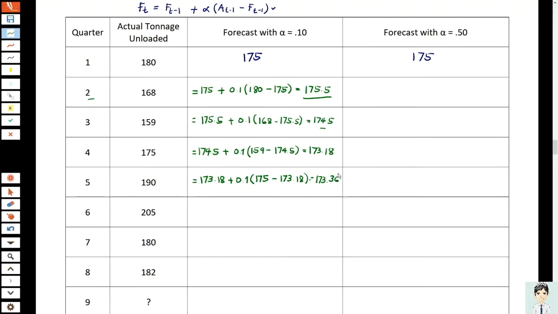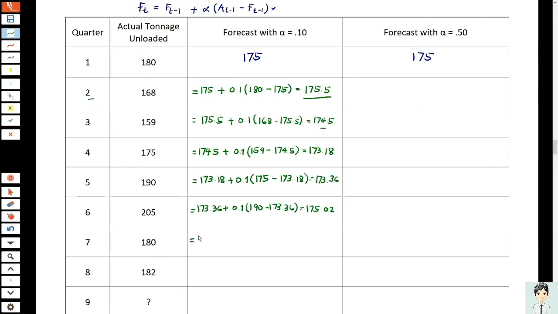For the sixth quarter, we have 173.36 plus 0.1 the smoothing constant, 190 minus 173.36, equals 175.02.